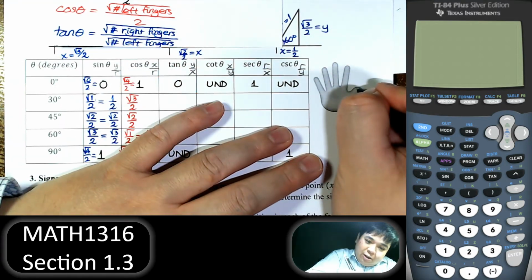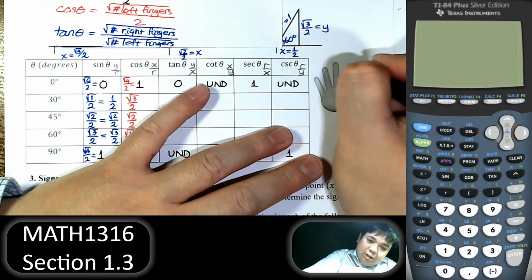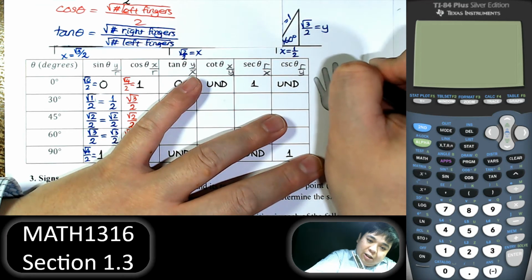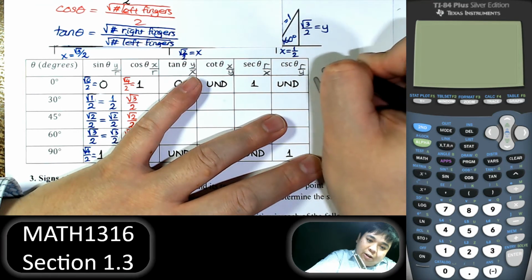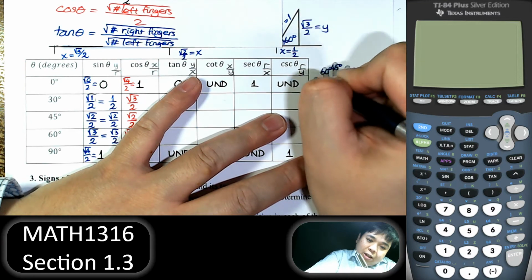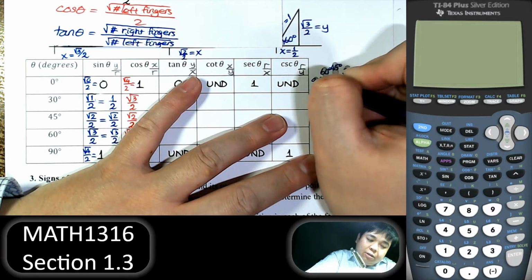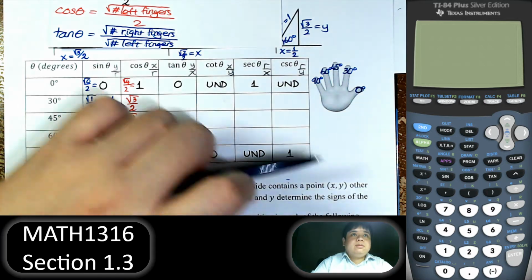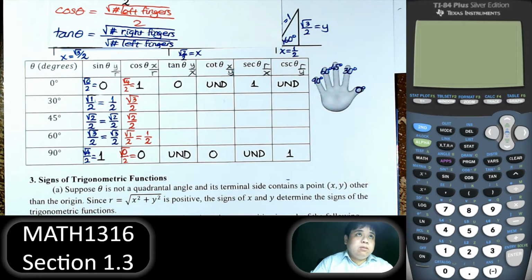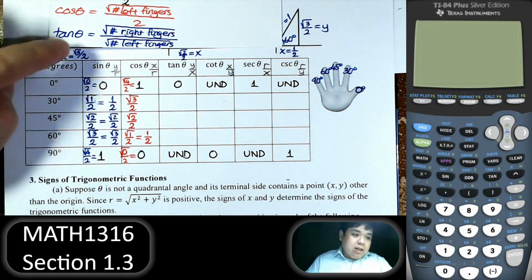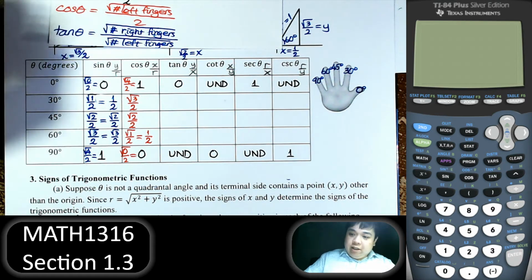So 0, 30, 45, 60, and 90. Right, the number of fingers on the right, so 30 degrees.